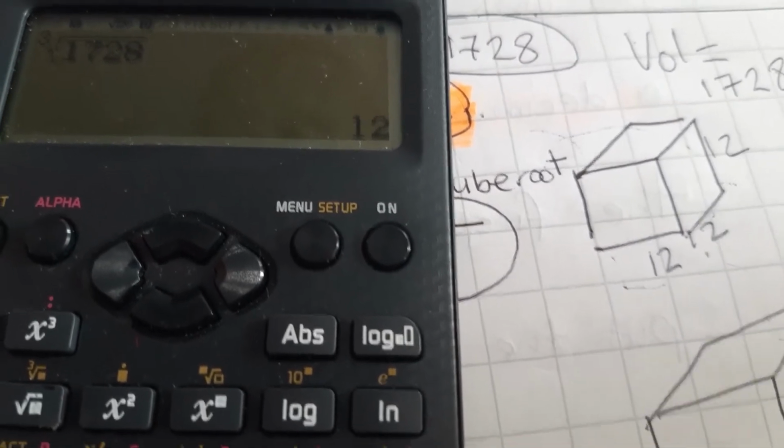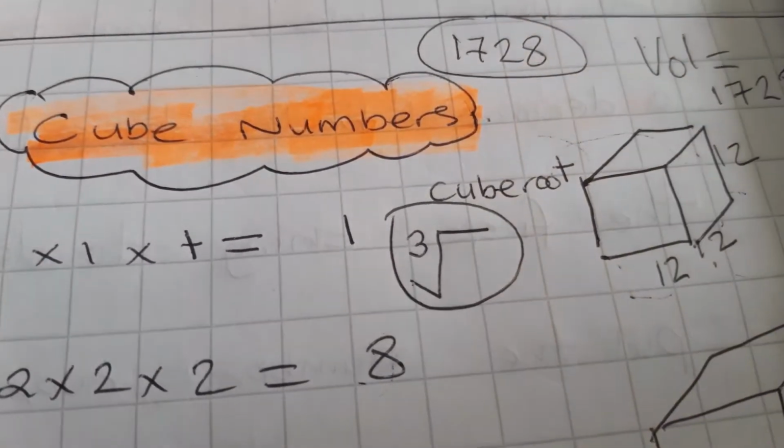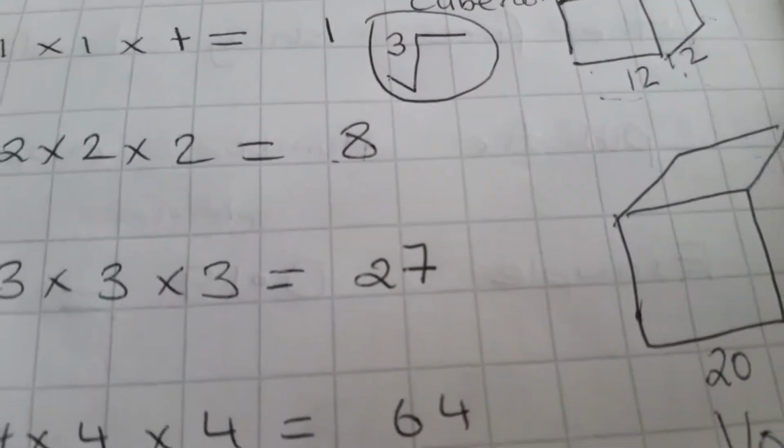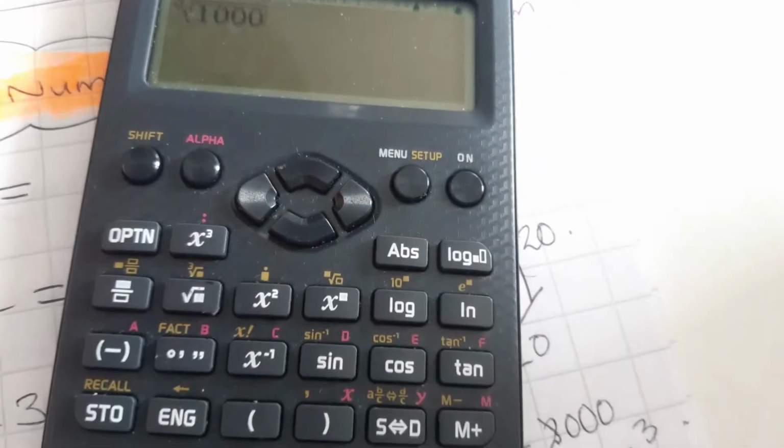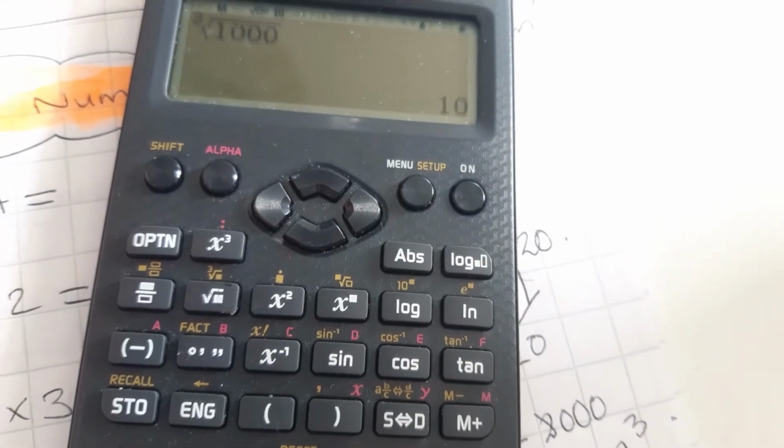So the reason we do this is because if you had a perfect cube like this one, and you didn't know this was 10, but you knew the volume was 1,000, then you could find the cube root of 1,000. Just going to show you it works in the calculator, I'm not making this up, it's 10.